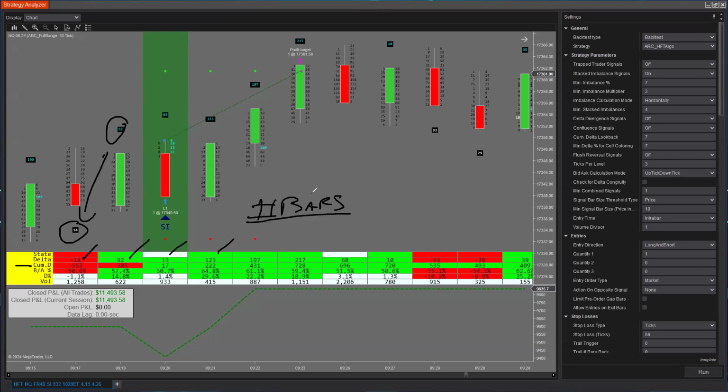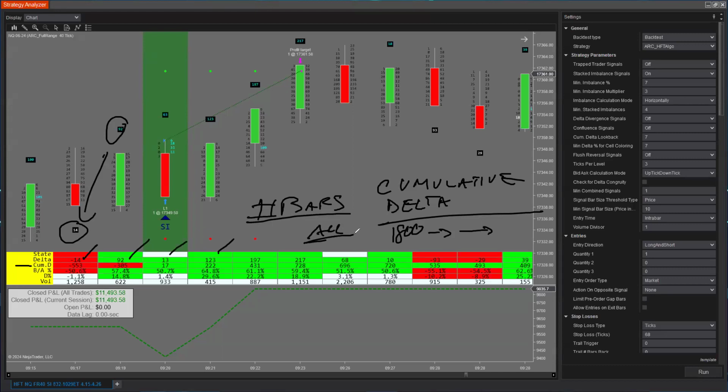Now, most platforms and most tools are only going to do cumulative delta based on what is happening for the session for the entire day. So usually that would open up at 6 o'clock p.m., at 1800, and the cumulative delta is going to start calculating from there, adding up all the net deltas to give you a number.